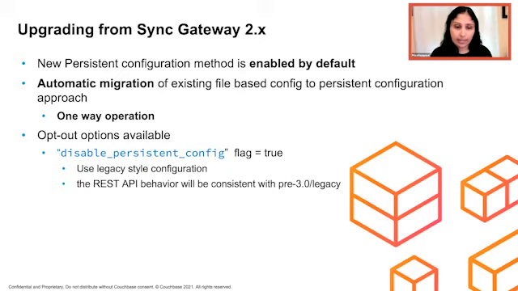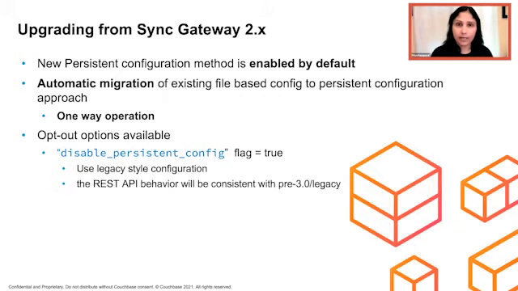So you bring in your legacy configuration file, and we'll take care of splitting it up, creating the bootstrap configuration, creating the database config, persisting it in the database, etc. Of course, this works if all the nodes have the same configuration. But if you want to auto migrate a cluster where some nodes have a different database configuration, all you have to do is include the group ID parameter in your existing configuration, and we'll take care of the rest.